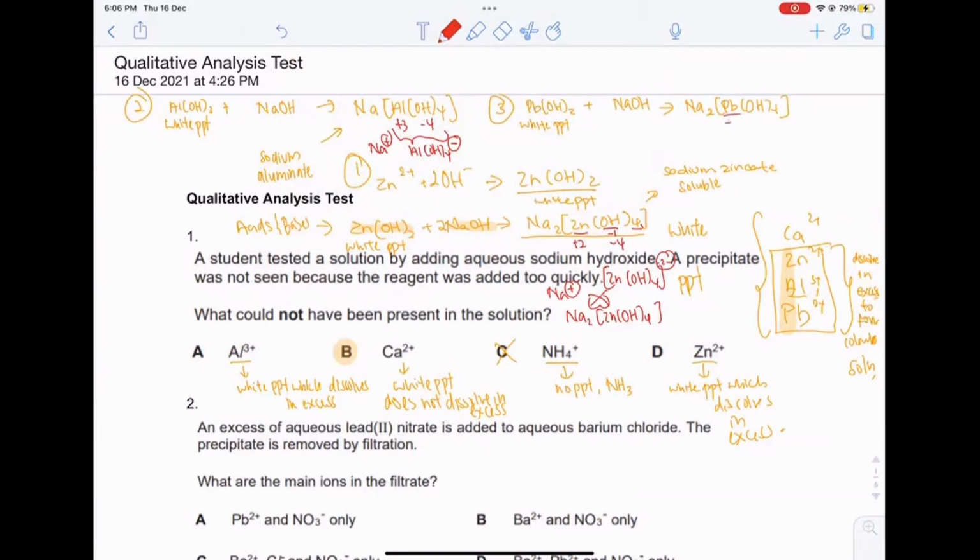This Pb, the charge is +2. 4 OH minus, so it's -4. So overall, you will have [Pb(OH)4] 2 minus. With Na plus, you swap to get Na2[Pb(OH)4]. So this is known as sodium plumbate.